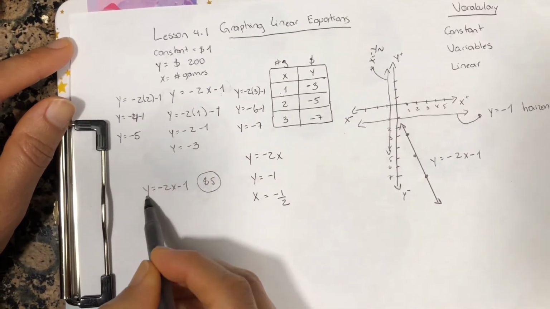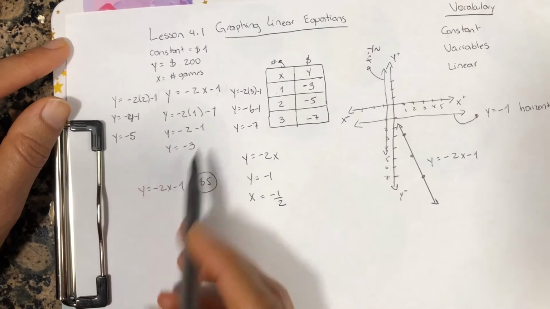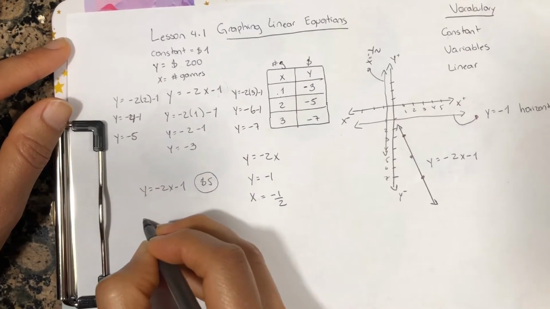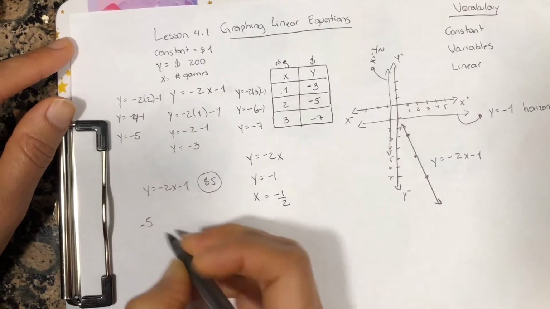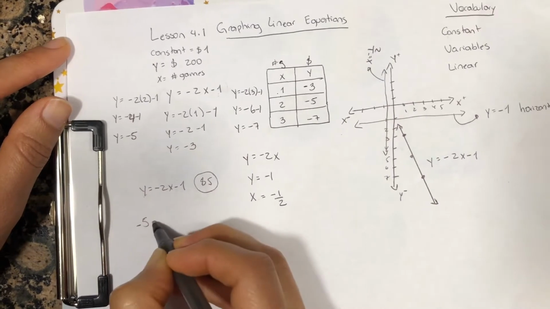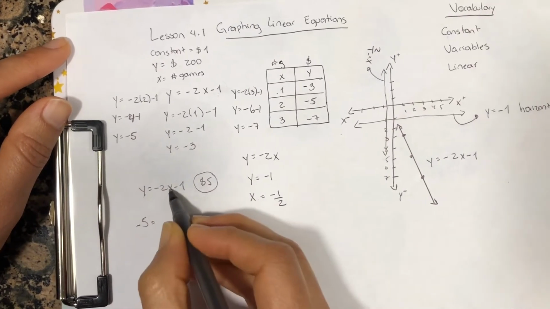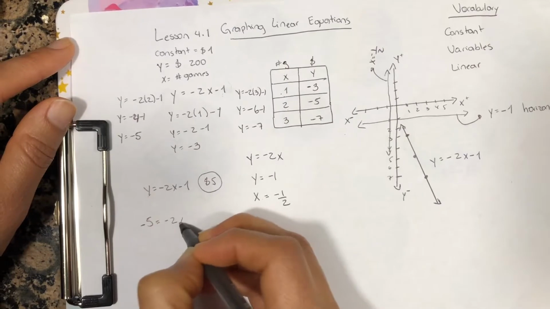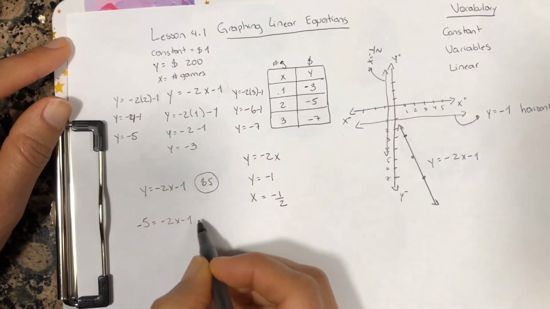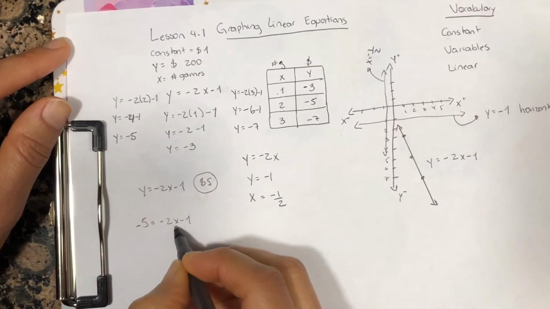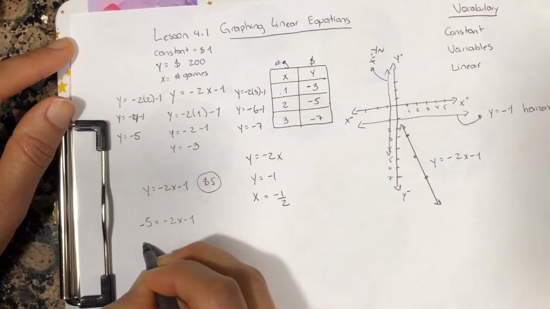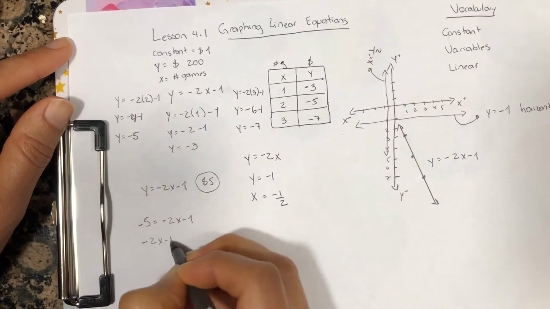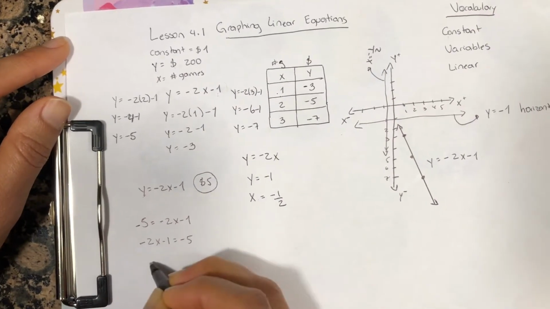And you know that y is the amount of money, so you put that on y. If you have only $5 to spend, I'm putting a minus because your money is going away, how many games? Minus 2x minus 1. So the question here is the x. You have to solve for x. I'm going to switch around. Minus 2x minus 1 equals minus 5.